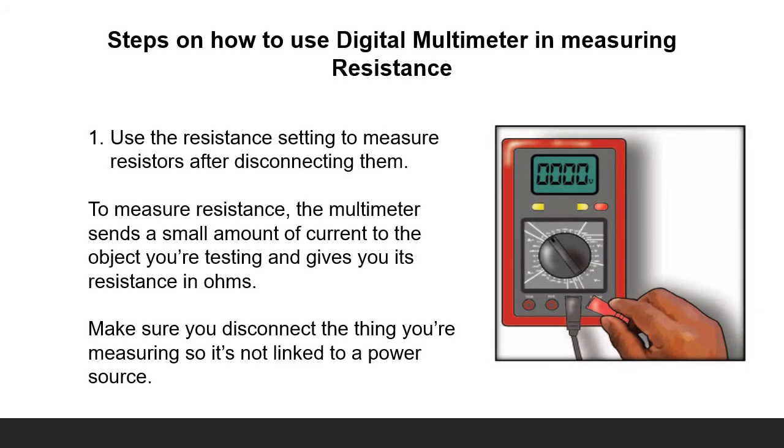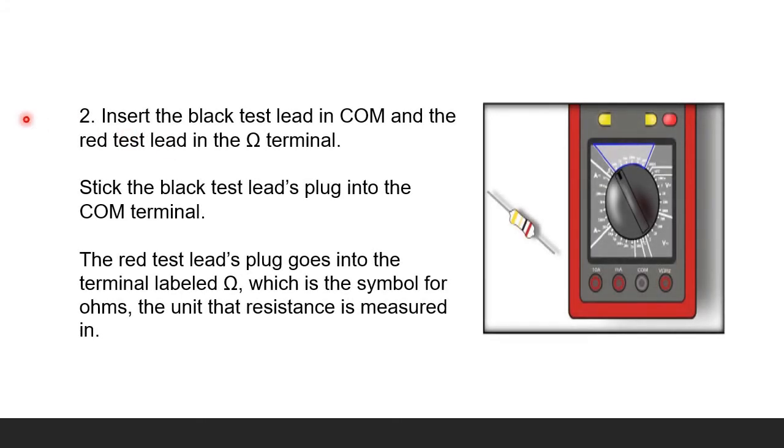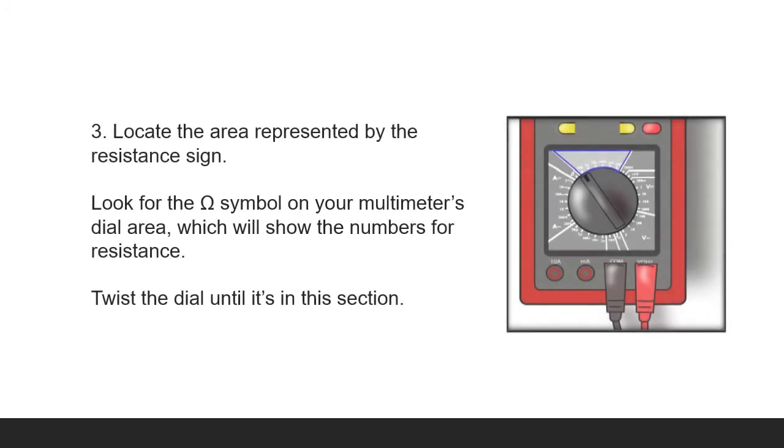The steps on how to use a digital multimeter in measuring resistance. First, use the resistance setting to measure resistors after disconnecting them. Second, insert the black test lead in COM and the red test lead in the ohms terminal. The symbol is for ohms. Third, locate the area represented by the resistance sign.